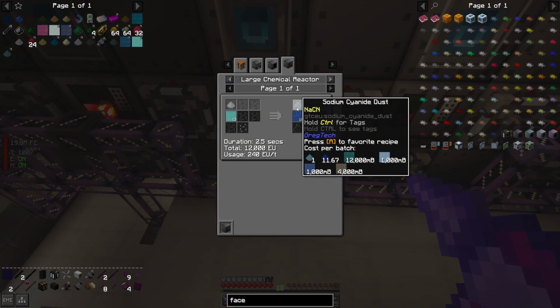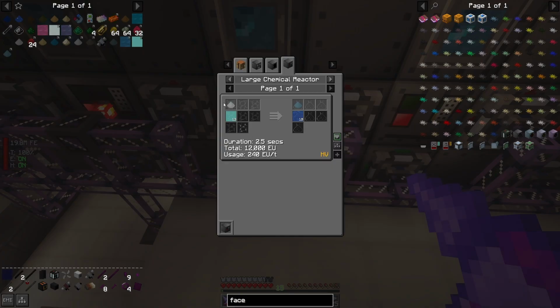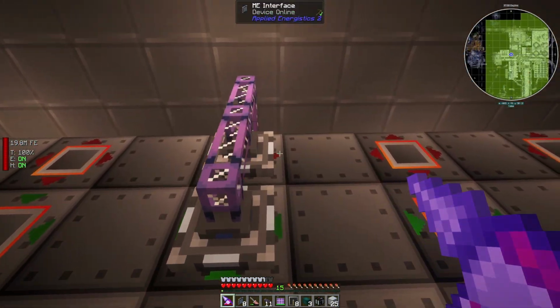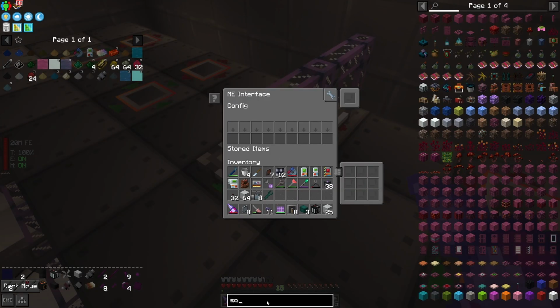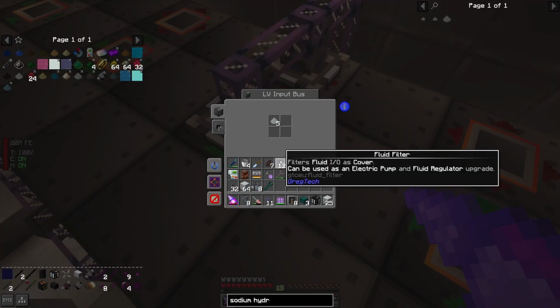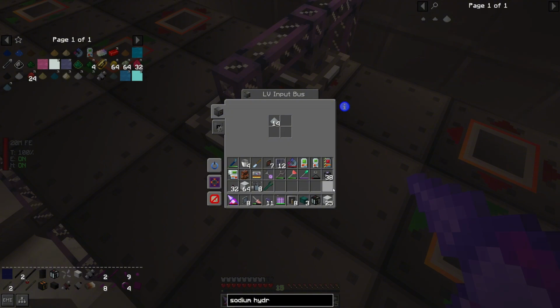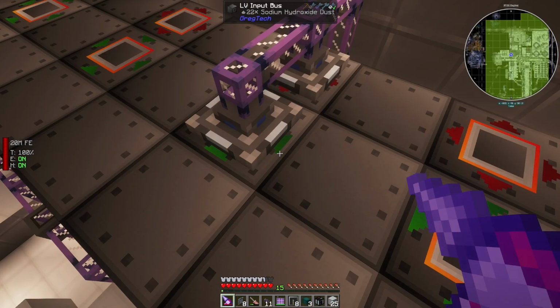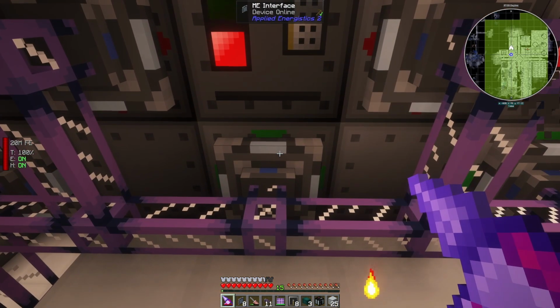So sodium hydroxide gives us the sodium cyanide, right? Okay. Sodium hydroxide. That's probably just fine. Let it fill up.